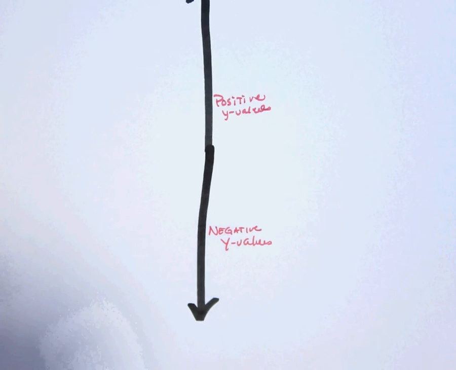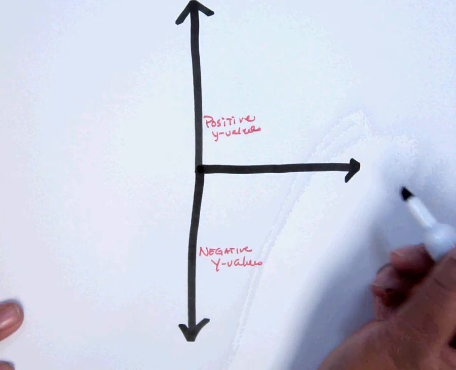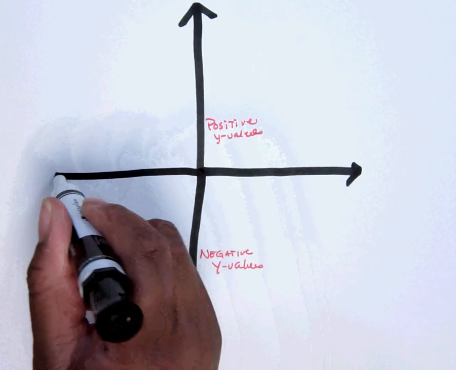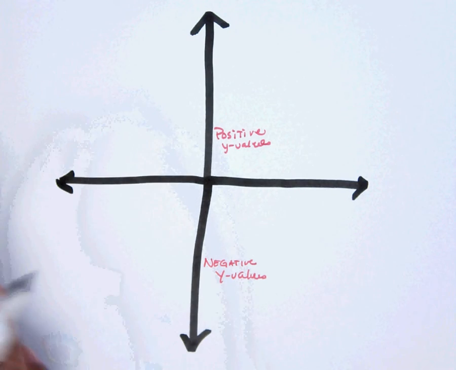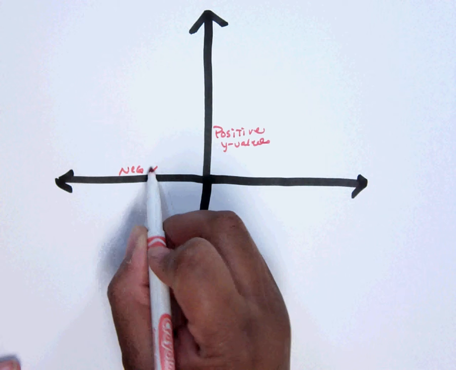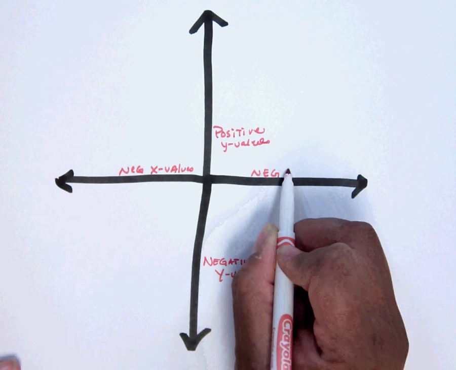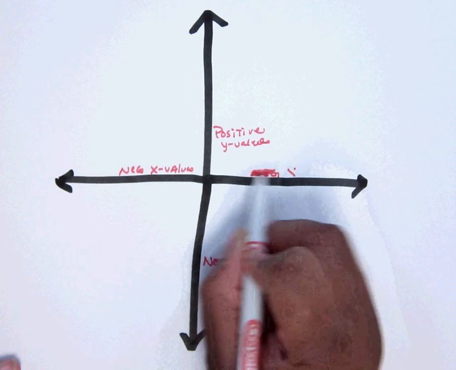which should be review. Then you have here the positive x values, and then here the negative x values. Negative x values, the positive x value.